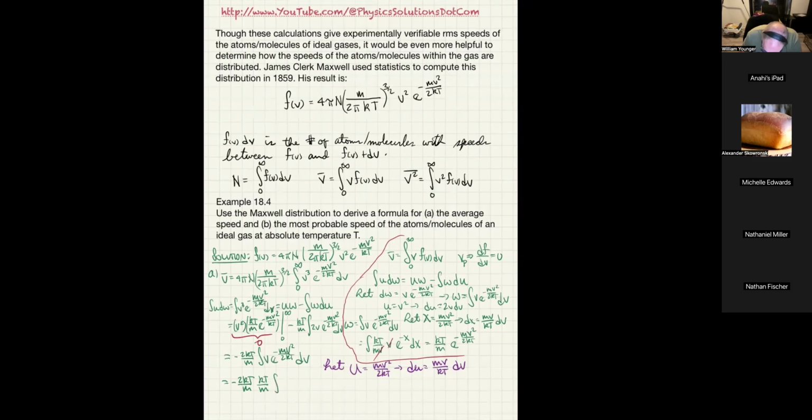And we're going to get the integral of e to the negative u du, which is just e to the negative u. So now I have 2k squared t squared over m squared times e to the negative mv squared over 2kt.